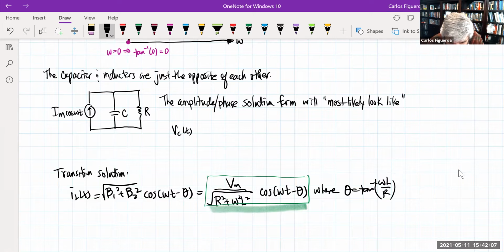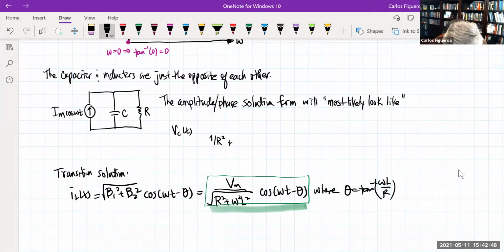Look at the shape of this guy. So the capacitor is the opposite. So it should have the resistor inverted, and then I'm going to have my omega term right in here. So I'm expecting that if I get this, it's going to look something like this. It should be 1 over R squared plus, wait. Is that not, no, that can't be right. As the frequency goes, because it's got to be the opposite.